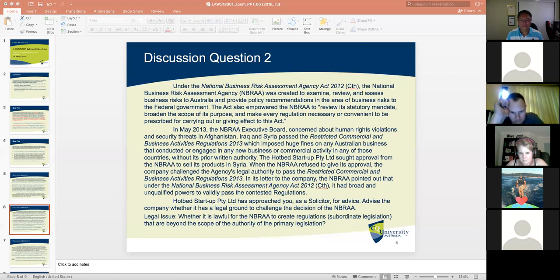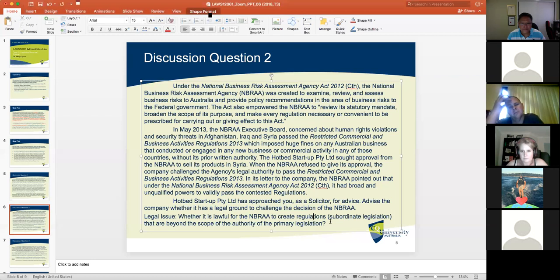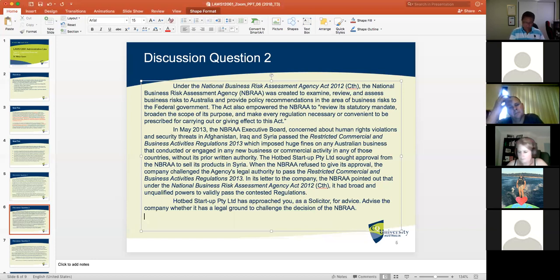In its letter to the company, the NBRAA pointed out that under the National Business Risk Assessment Agency Act, it had broad and unqualified powers to validly pass the contested regulations. Hotbed Startup Proprietary Limited approached you as a solicitor for advice. Advise the company whether it has a legal ground to challenge the decision of the NBRAA.